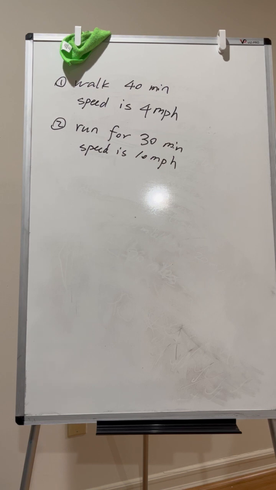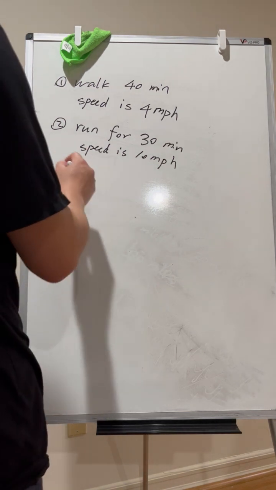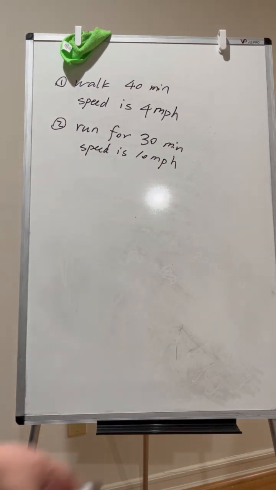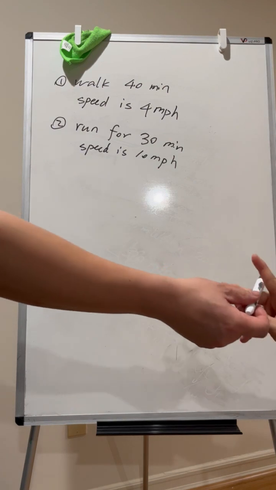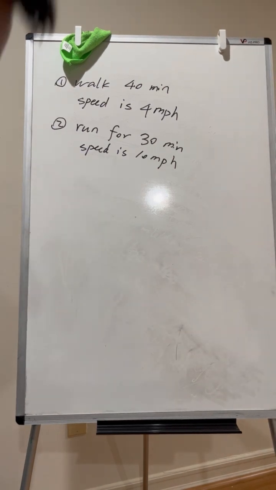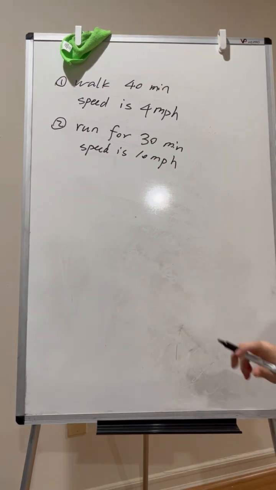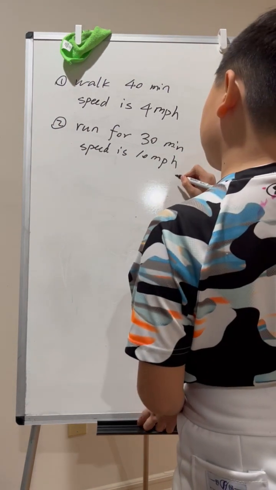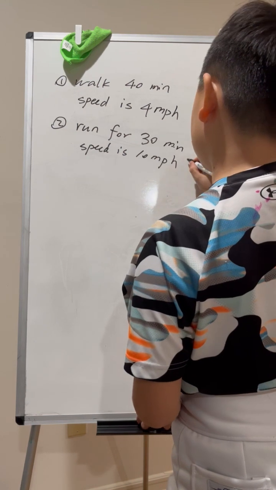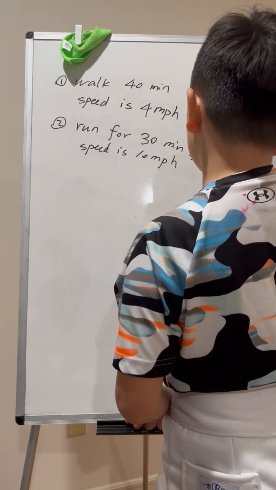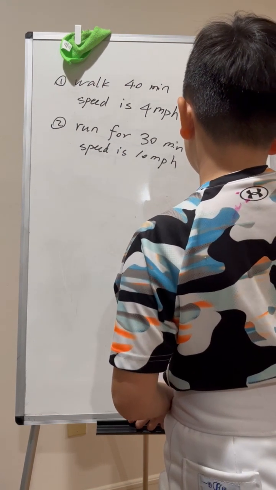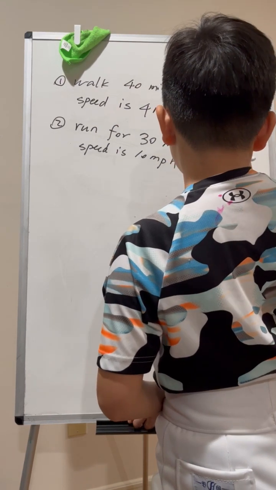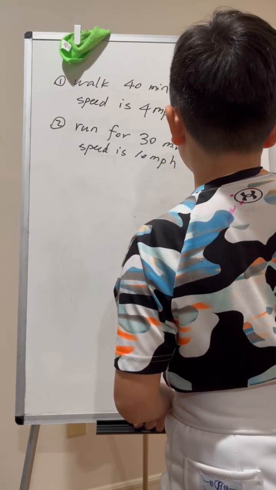How many miles did you travel at the end? So you first walked 40 minutes, the speed is 4 miles per hour. Then you run for 30 minutes, the speed is 10 miles per hour. How many miles did you travel?